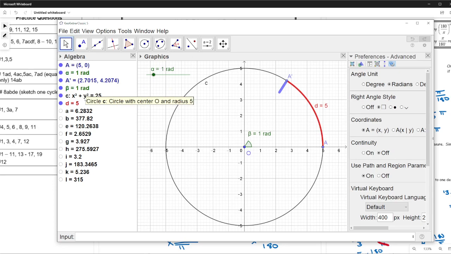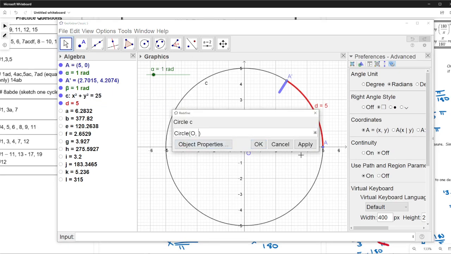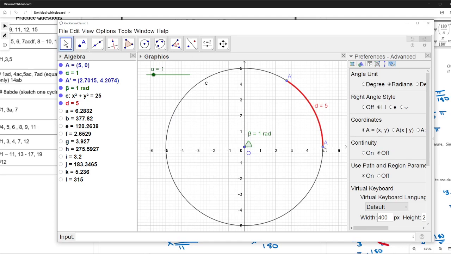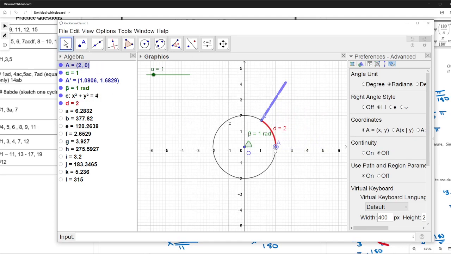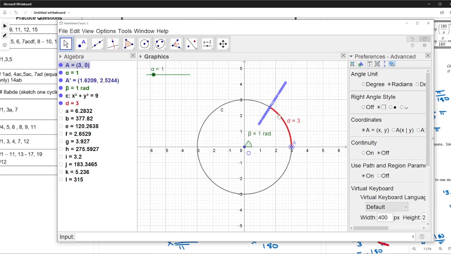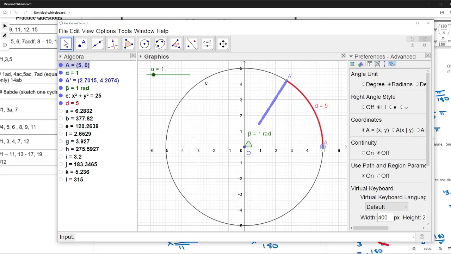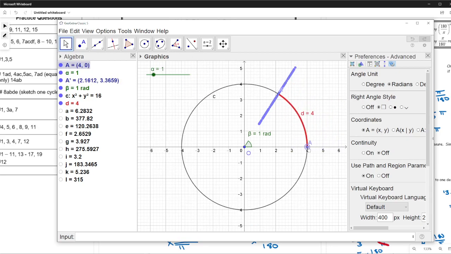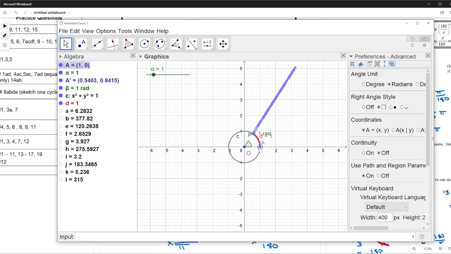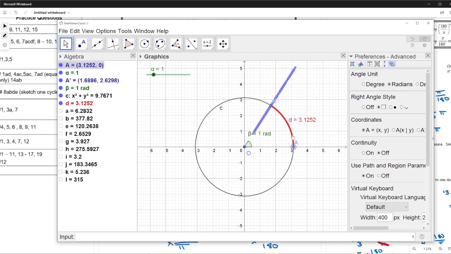If I shrink this down or raise it up or whatever, the radian and the radius are always going to be connected. So here, it's a radius of 2, the arc is 2, the rad is 1. It's a radius of 3, the arc is 3, the radian is 1. 4, 4, 1, 5, 5, 1, 6, 6, 1, and so on. So it doesn't matter how big the circle is. 1 rad is always how far you would get if you walked 1 radius along the circumference, okay?